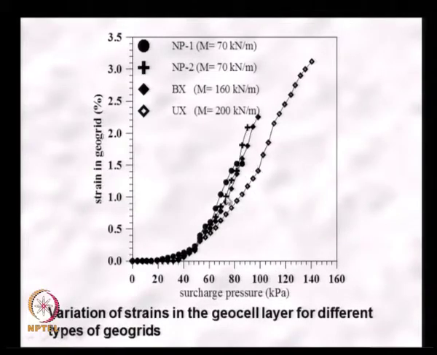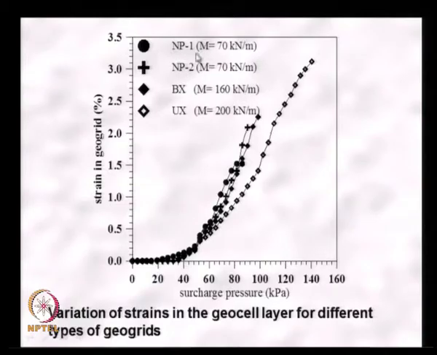And these are the strains that are developed with the different materials. The UX is the uniaxial geogrid that has the lowest strains, because its modulus is much higher. The modulus is 200 kilonewton per meter, whereas the biaxial, the diamond shape, has a modulus of about 160 kilonewtons.